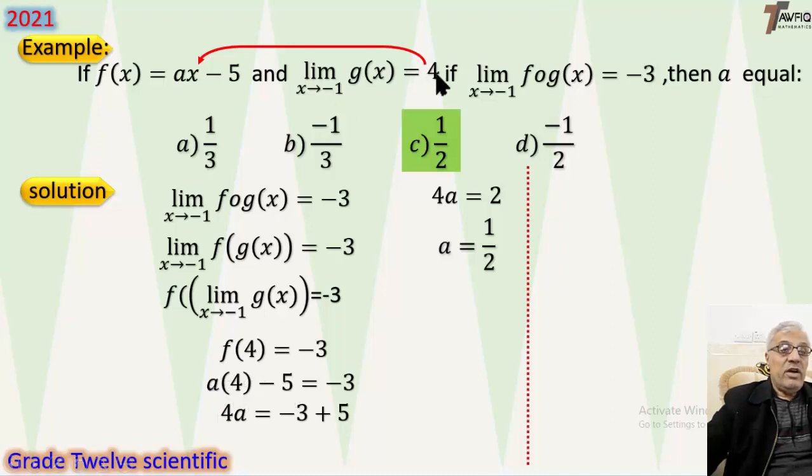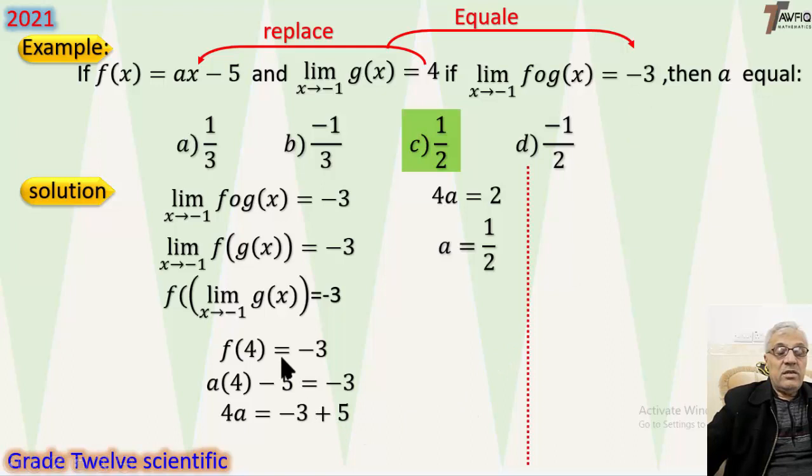First of all, find f(4), because we have g first, then g becomes inside of the f. Then 4a minus 5 is equal to this number, placing 4 here and equaling to minus 3.